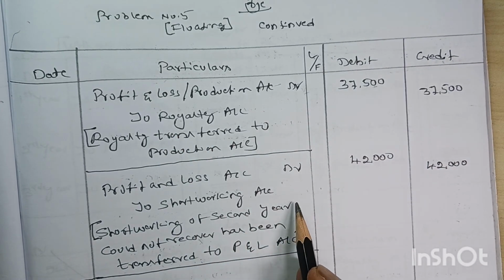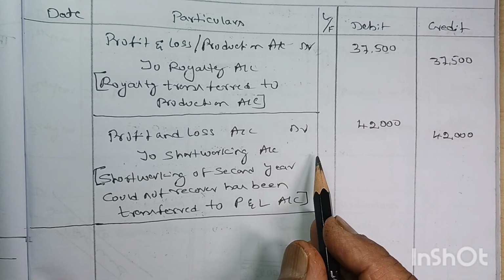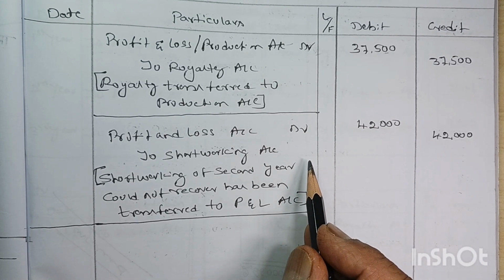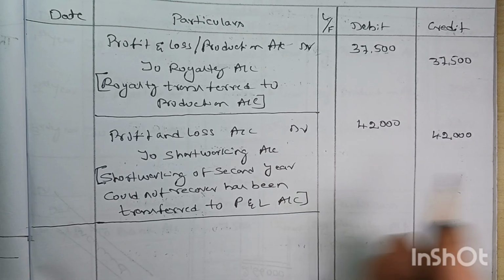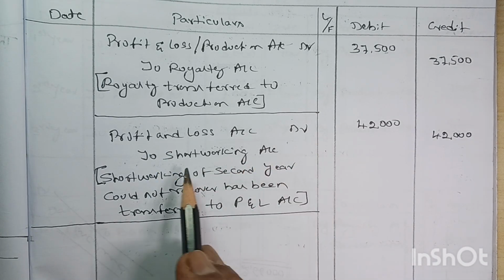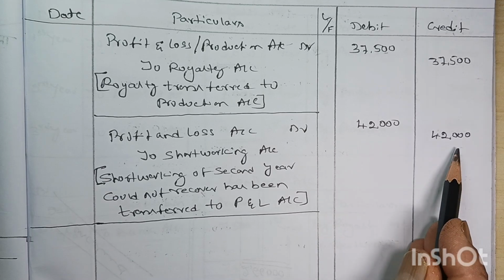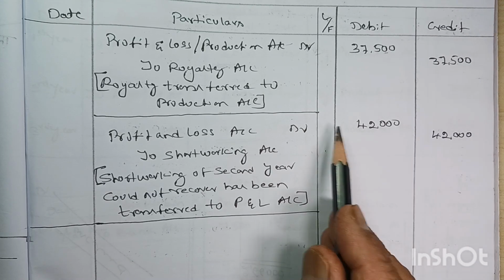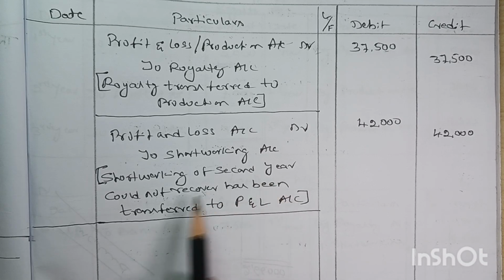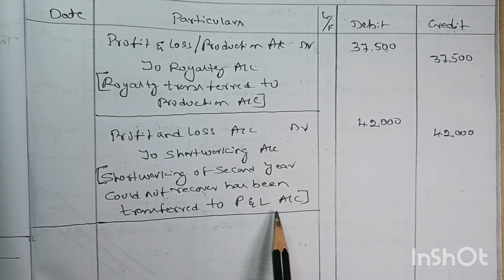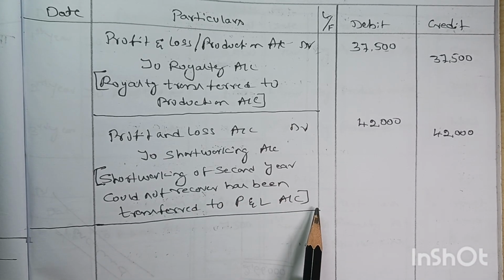Then the second year short working that you could not recoup in the fourth year will be transferred to profit and loss account. Profit and loss account debtor to short working account 42,000, 42,000. You can refer to your table where it is very simple. Short working of second year could not be recovered, transferred to profit and loss account.